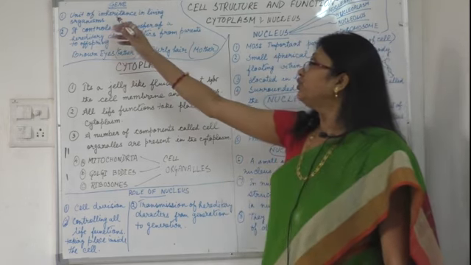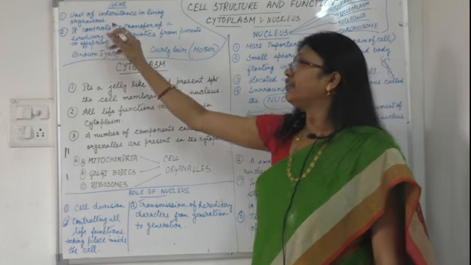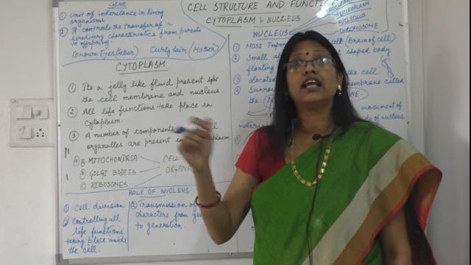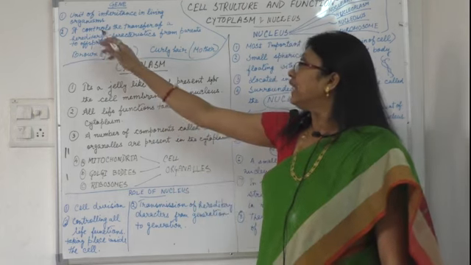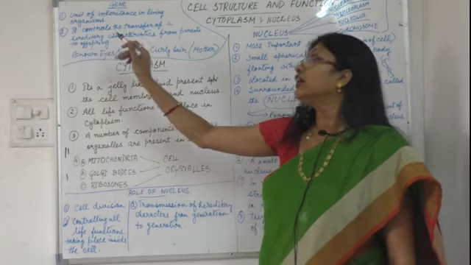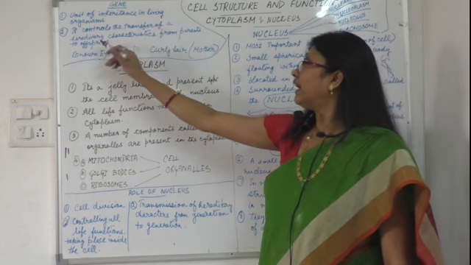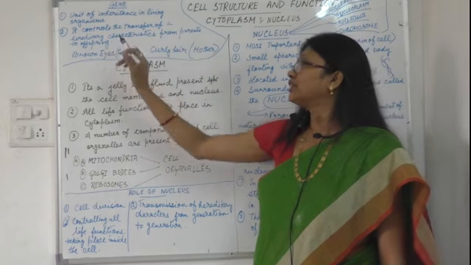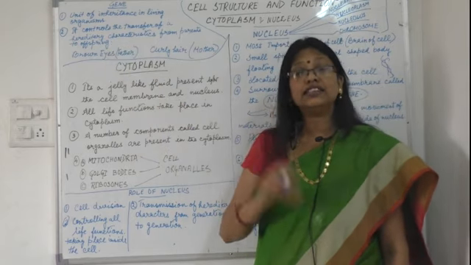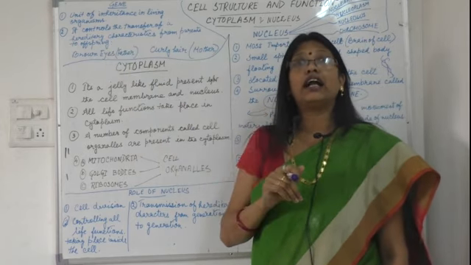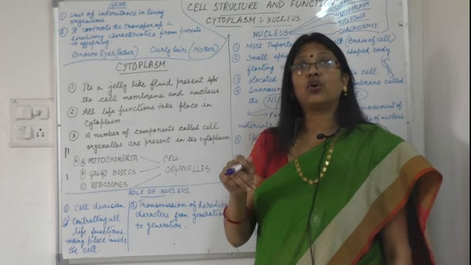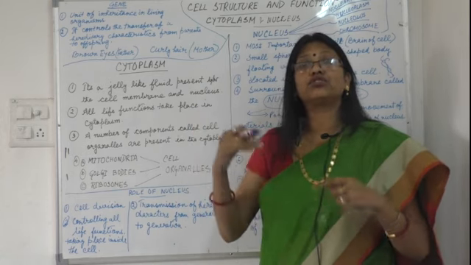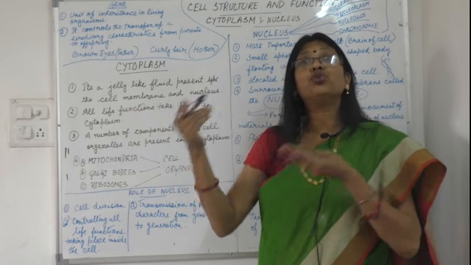It is the unit of inheritance in living organisms. Inheritance means it controls the transfer of hereditary characteristics from parents to offspring. Actually, the gene is the part which controls the transfer of hereditary characters from your parents to you.